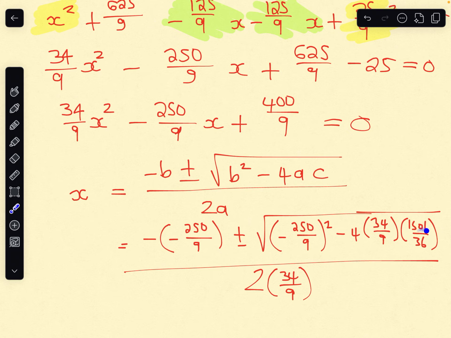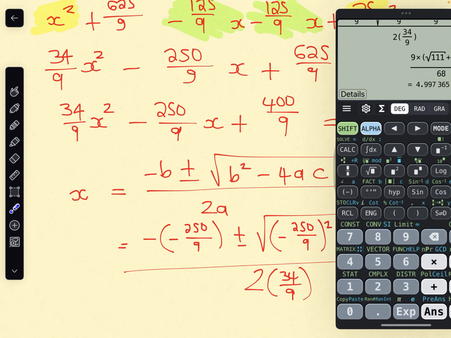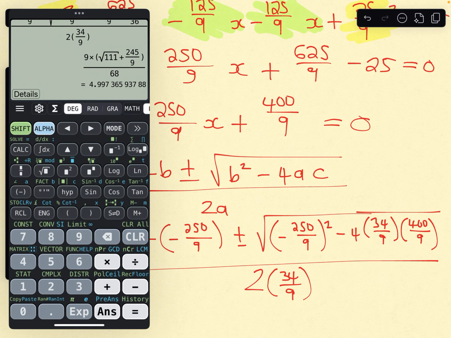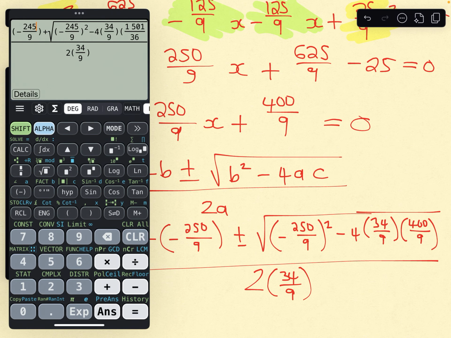This one doesn't change. This one changes to 400 over 9. And then over here we have 2 times a, which is still 34 over 9. Brilliant. So let's make our tweaks and hope that that does the trick.